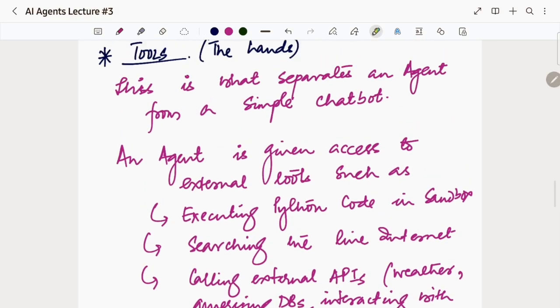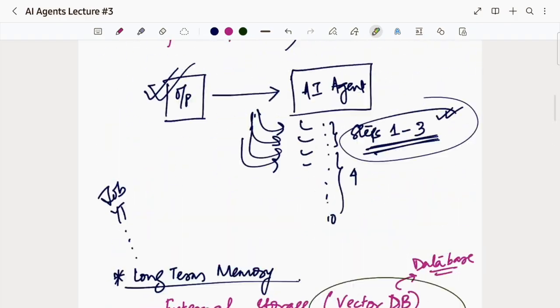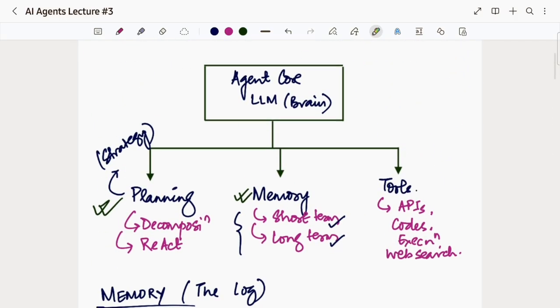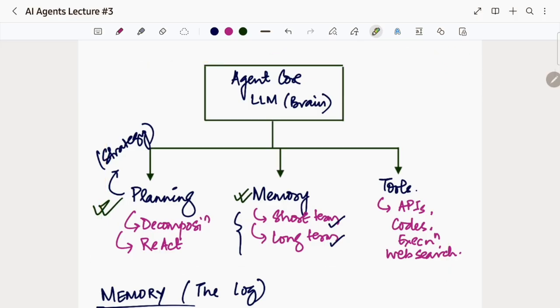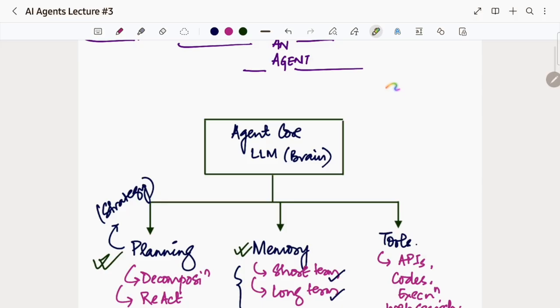So these are the tools, and with this we have covered the core blueprint of an AI agent. So LLM we already know. First class we discussed what is the LLM. Second class we started off with this core blueprint, isn't it? And we discussed planning. So reverting back to our first session, what did I say? What is the difference between an LLM and an AI agent?